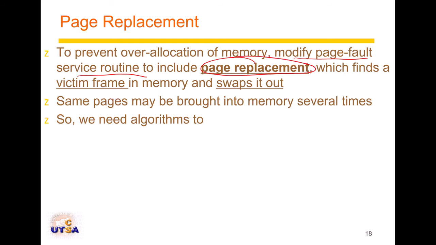This way, if all the frames are used and nothing is available, then we can figure out one of the old pages that will not be used anymore, remove that page, and put a new page into the system. So that's called swapping out an old page and swapping in a new demanded page.